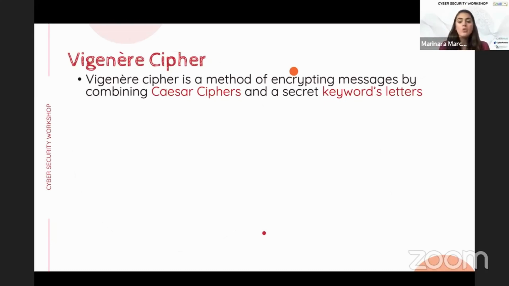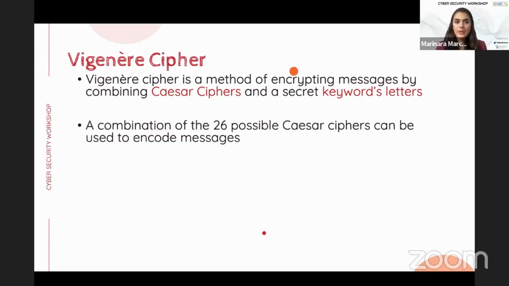So instead of just having a shift, a number, or A equals something, this time you're going to have a keyword as the key. It's not going to be a number or a letter equals another letter, okay? And it uses the 26 possible Caesar ciphers to encode messages.